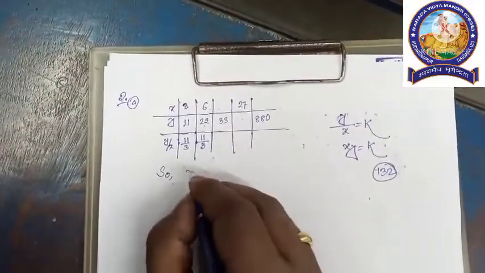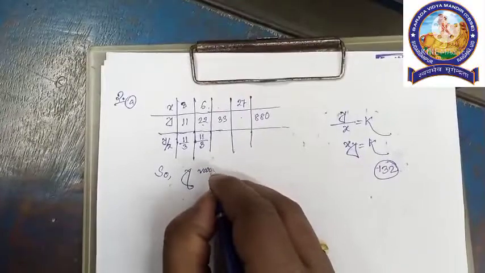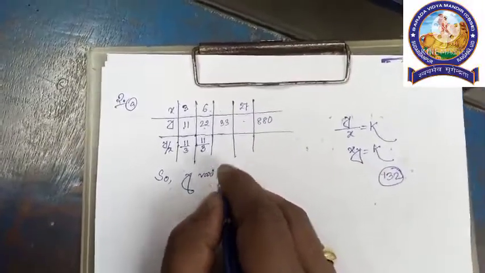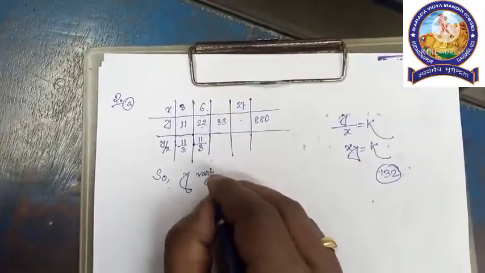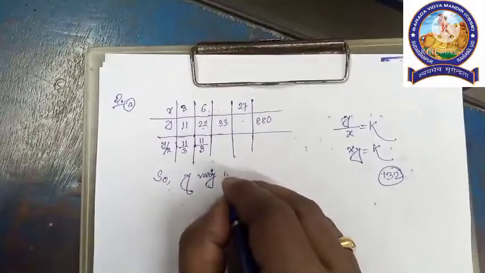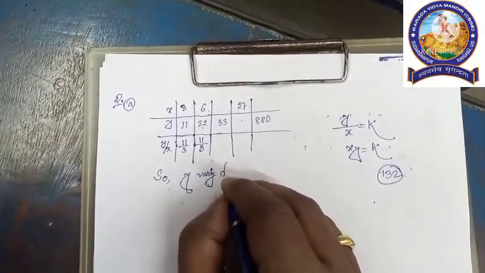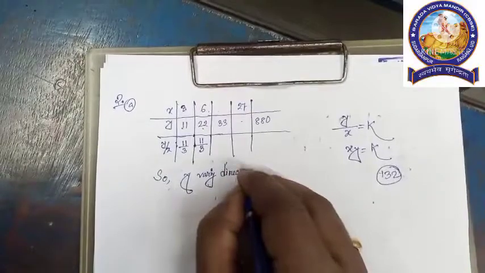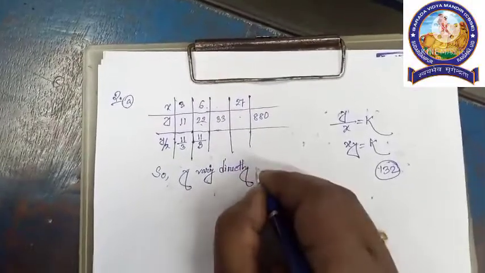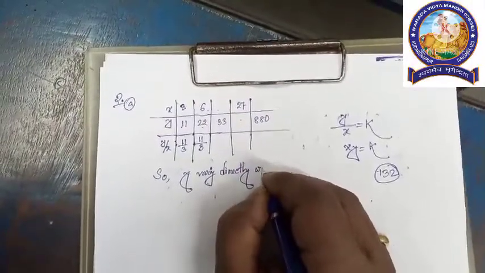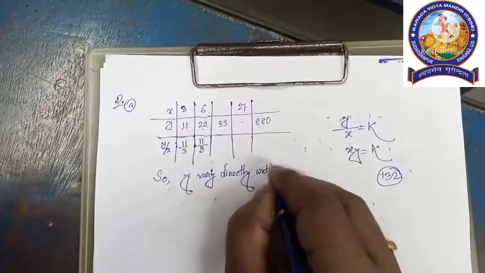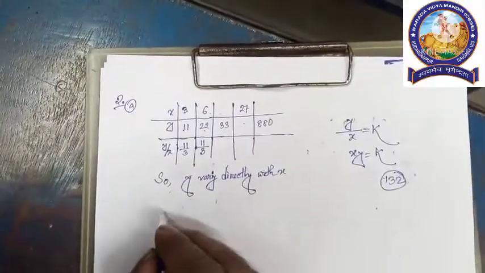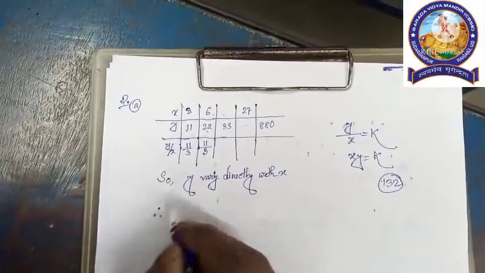So y varies directly with x. Therefore the ratios are equal.